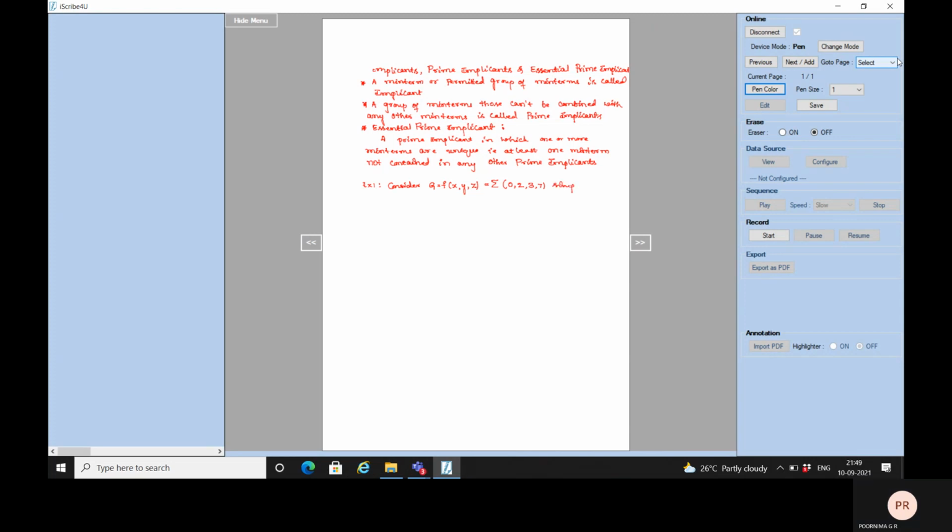Simplify using K-map and identify the prime implicants, in short represented as PI, and essential prime implicants.